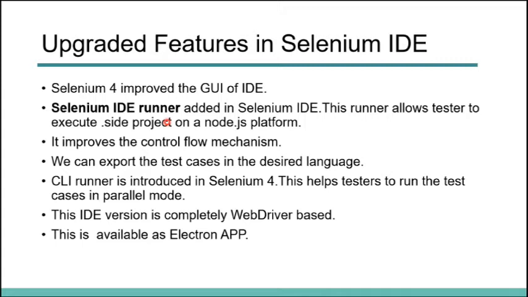The side-runner is an advanced feature available in Selenium 4, which allows testers to execute .side projects on a Node.js platform. In addition to running on the Node.js platform, it also enables testers to run the test cases cross-browser, locally or on Selenium Grid.